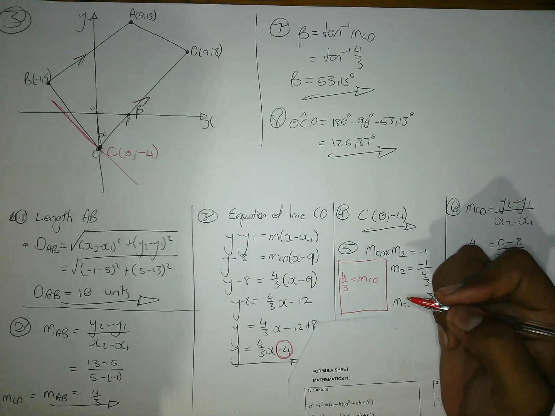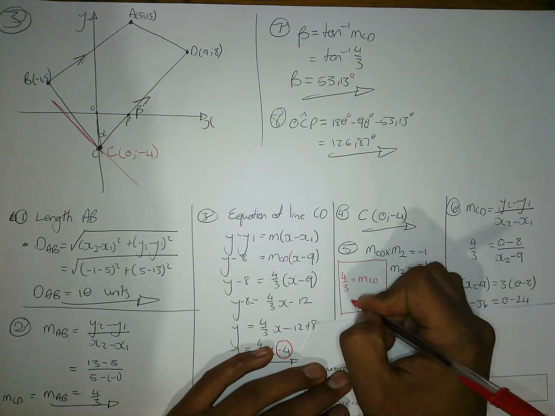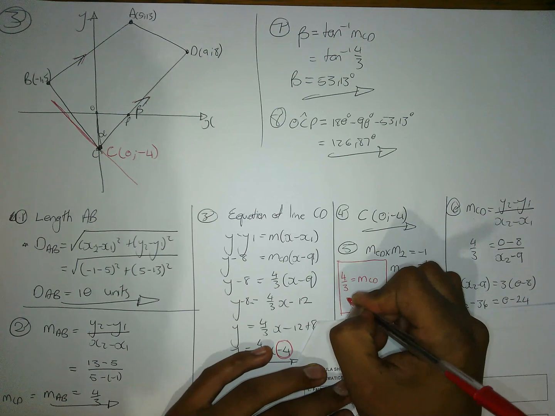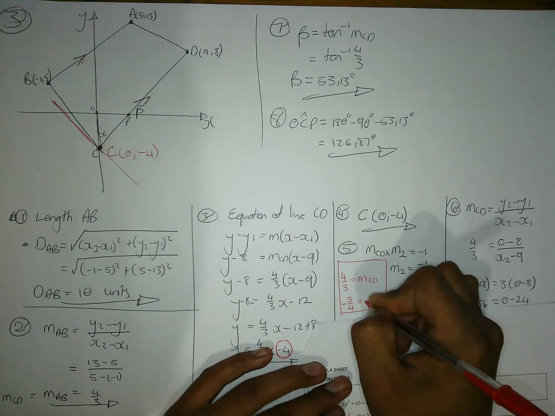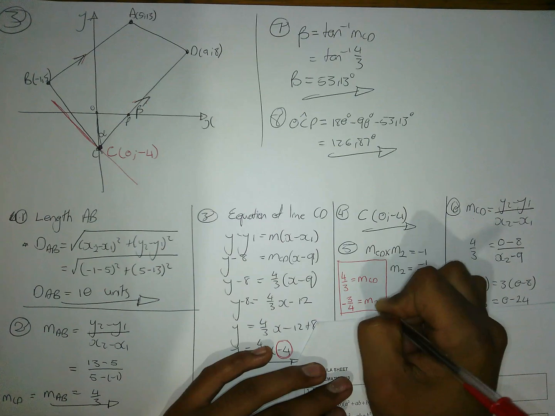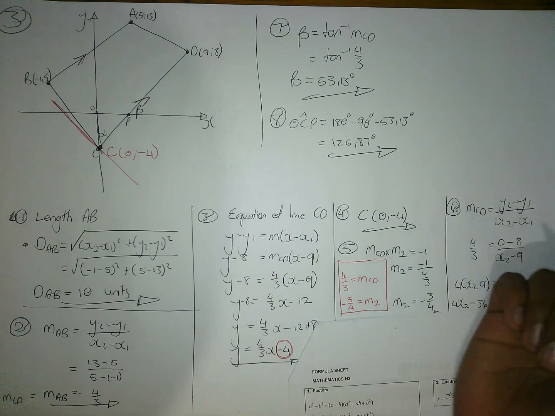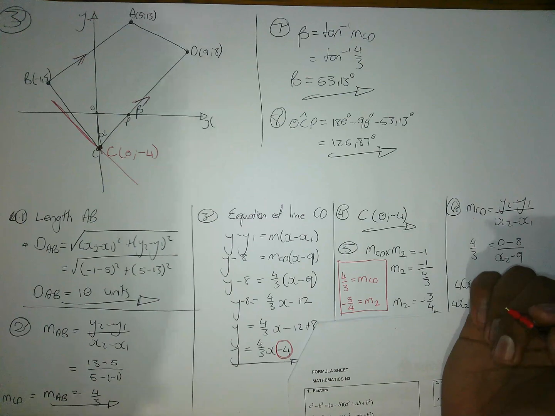To get the gradient perpendicular to this gradient, I do the reciprocal of that gradient, which is 3 over 4, and I put a negative with it. This is now my new gradient of my new line. So I'm going to call it M2. And yes, here's the same answer. This is a shortcut. It's the exact same thing, but this is just a quick one. If you know it, it's quick.